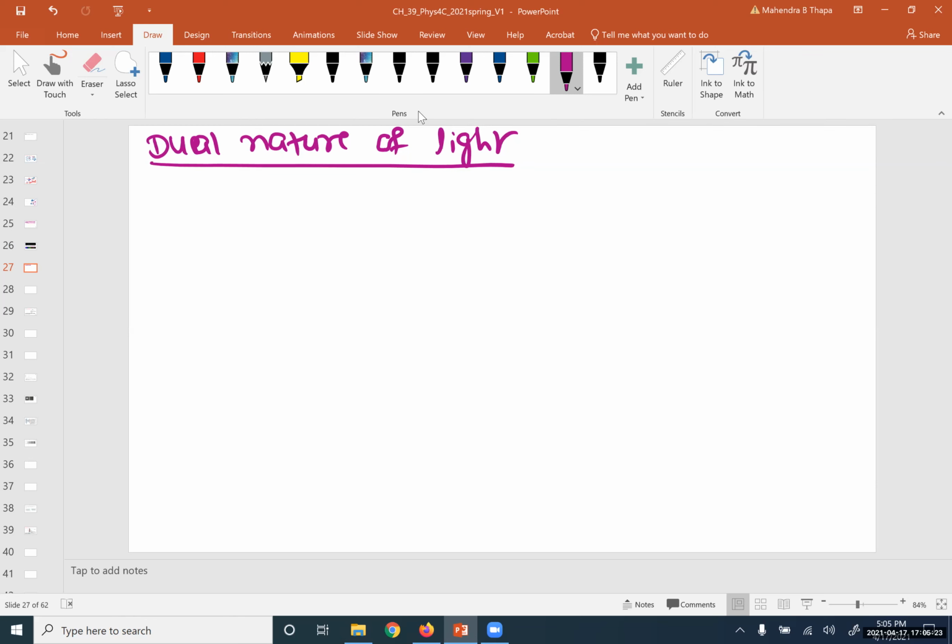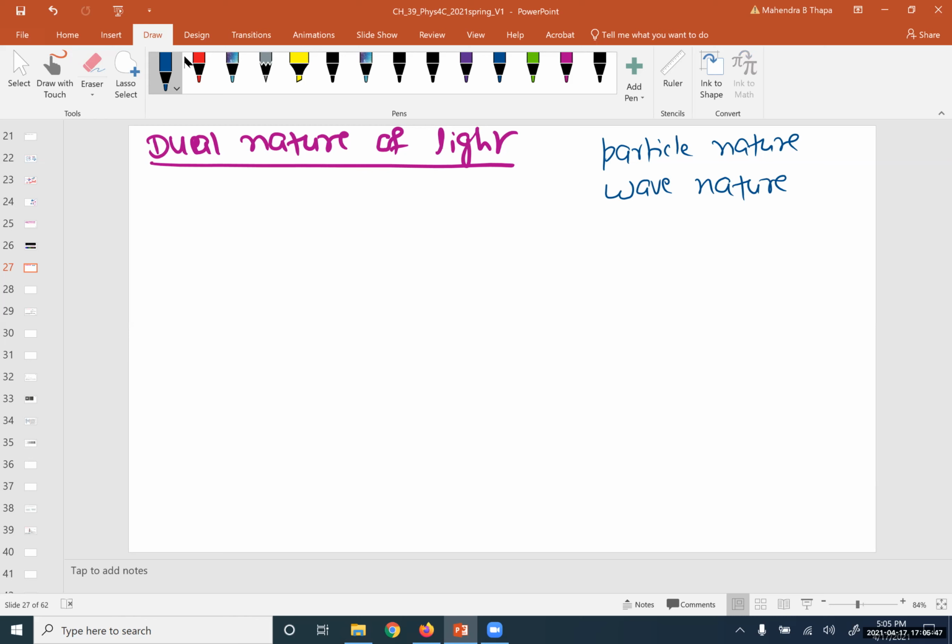Dual nature means sometimes it will show the particle nature, and sometimes it will show the wave nature. But they are equivalent concepts.